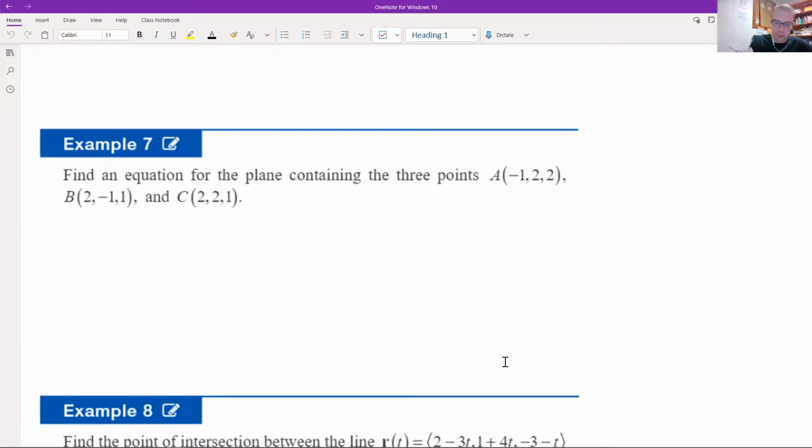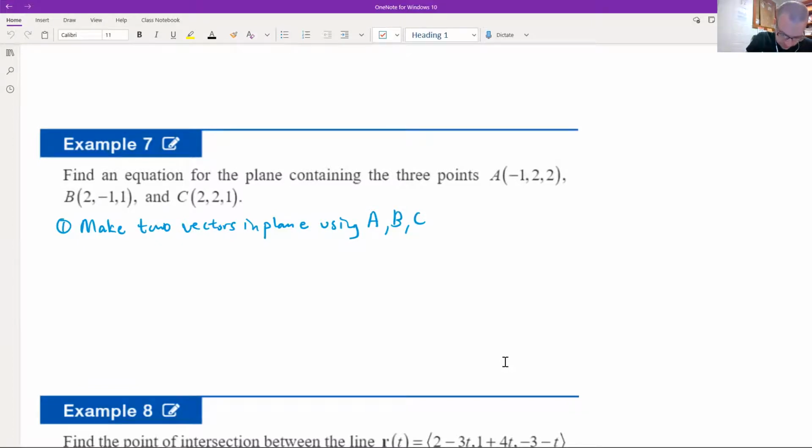We make 2 vectors in the plane using A, B, and C. Once we have those 2 vectors in the plane, then we take the cross product to get a vector that is perpendicular to both of those vectors that we made, and that will serve as our normal vector.